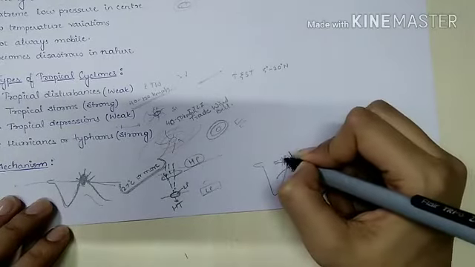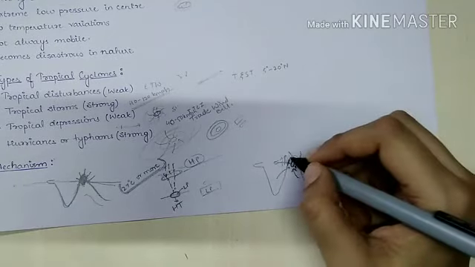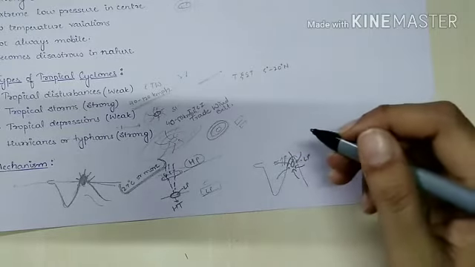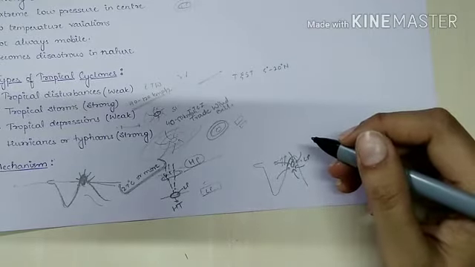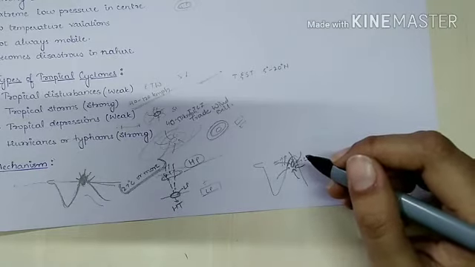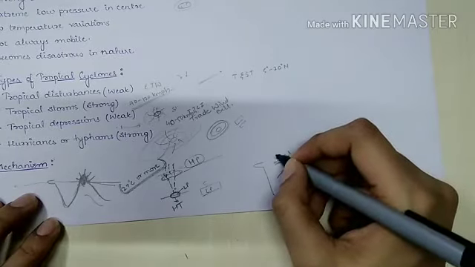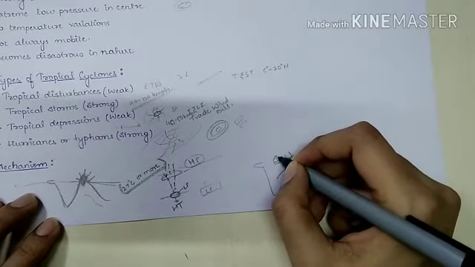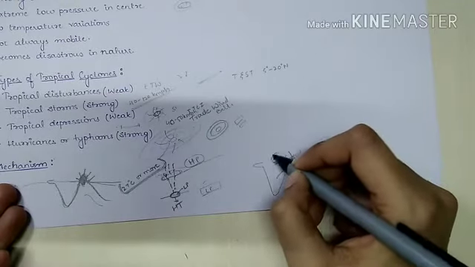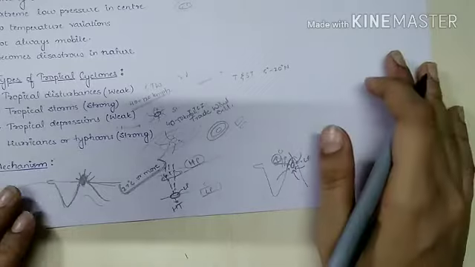Hence, as they reach the hinterland, the cyclone will die off. This process is known as cyclolysis or death of cyclone.